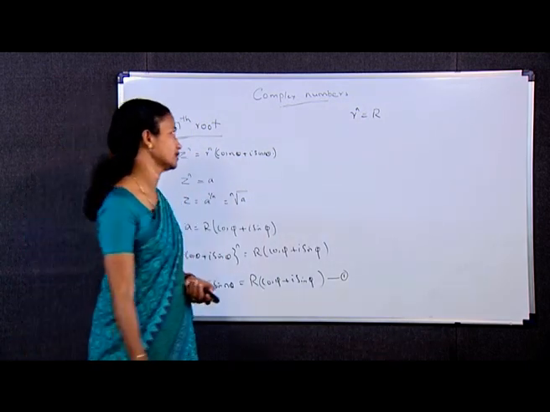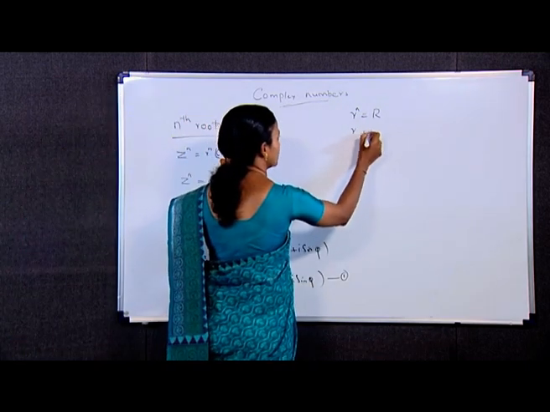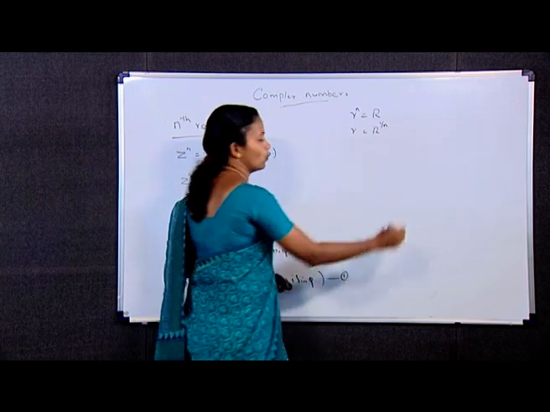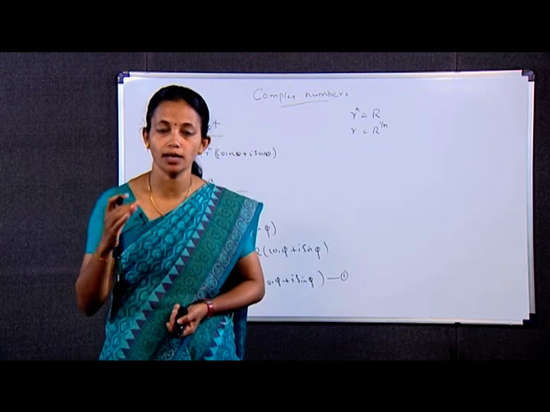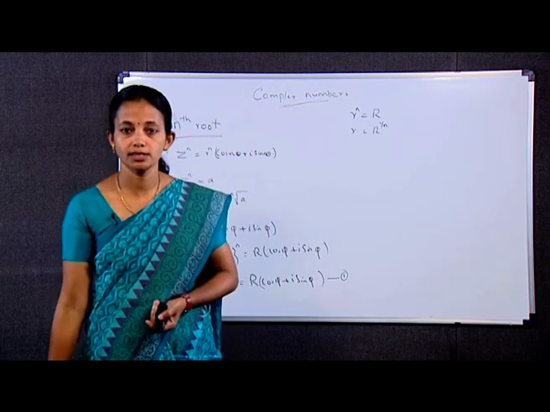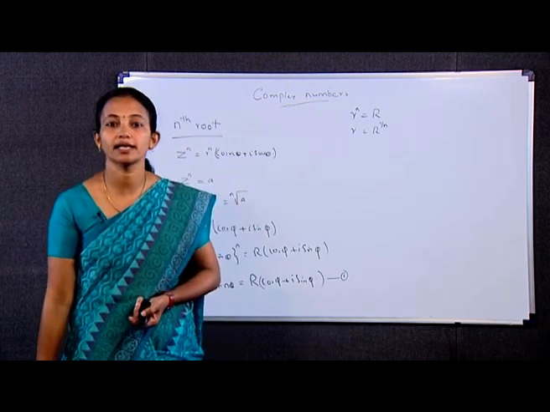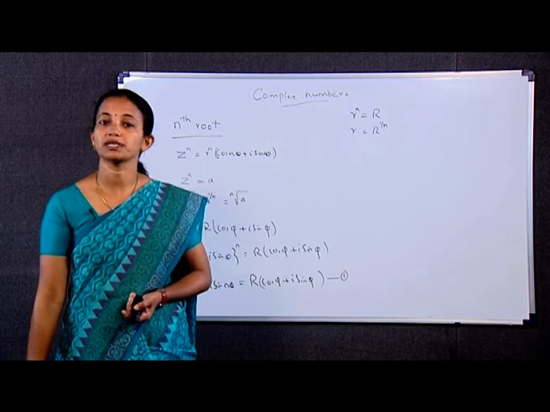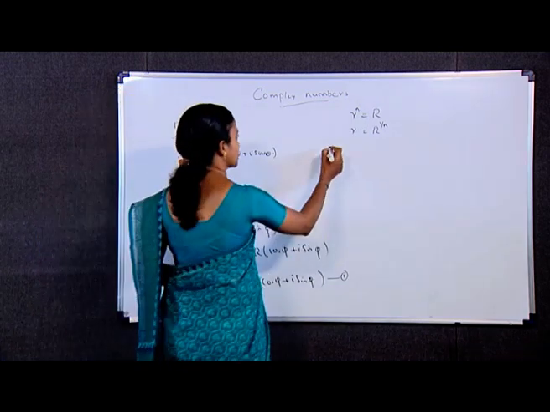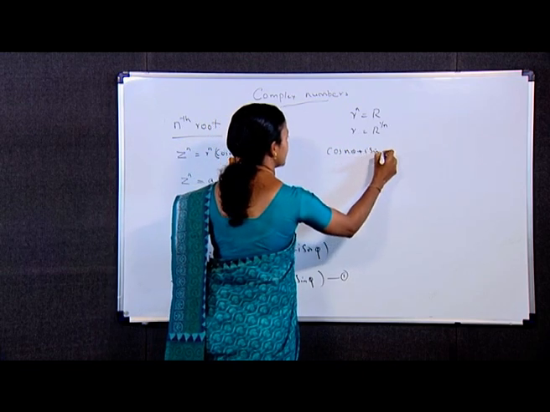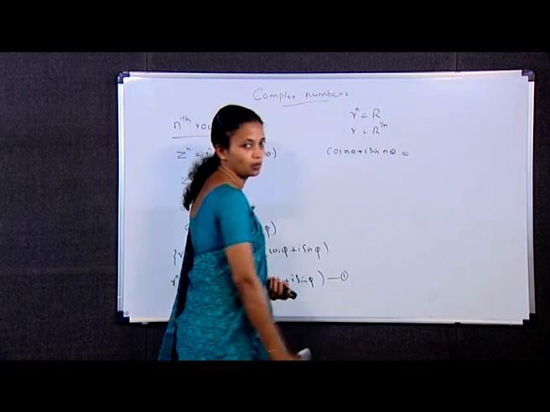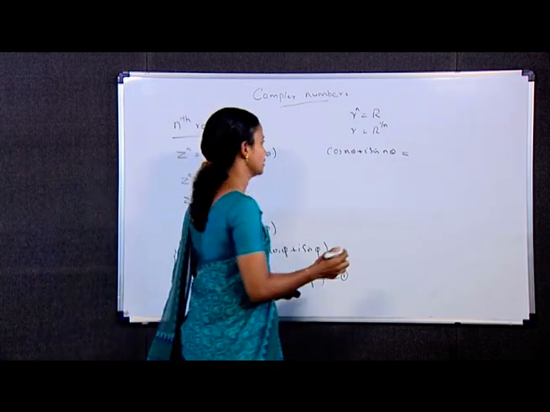Hence, we can write small r is equal to R raised to 1 by n. Substituting r raised to n is equal to R in 1, cancellation yields cos n theta plus i sin n theta is equal to cos phi plus i sin phi.